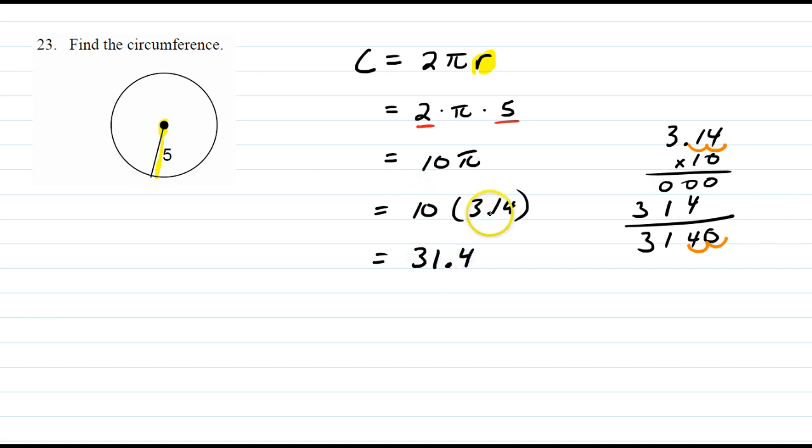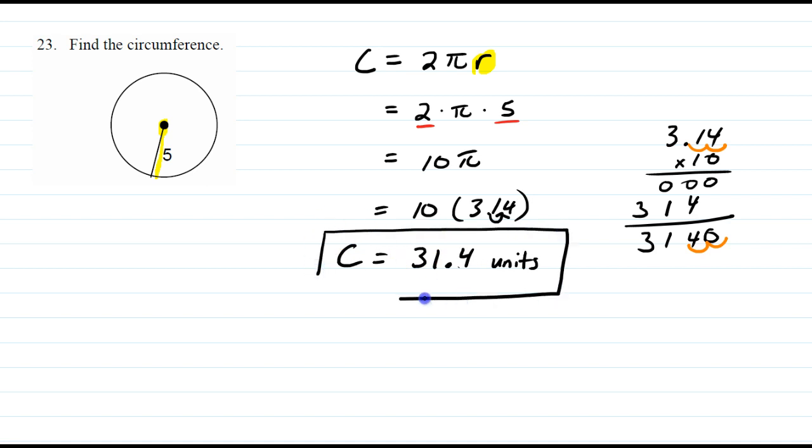So I could have just went like this and got the same answer, but it's good practice. So 31.4, and we're not talking about area, so it's just 31.4 units.